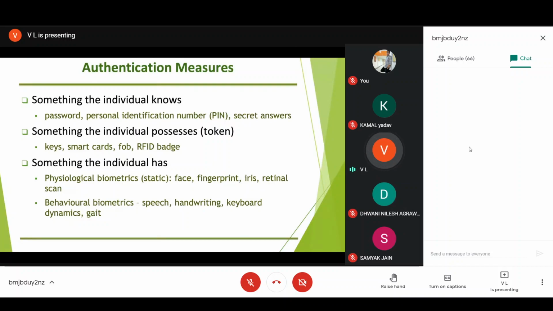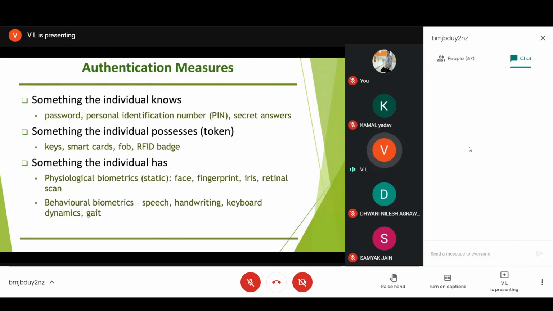Or it could be based on something that they possess. It could be a key, it could be a smart card, it could be a fob, it could be a RFID badge, or it could be some biometric of the person that can be used for authenticating the user. So different mechanisms use different measures. So most commonly used is password.